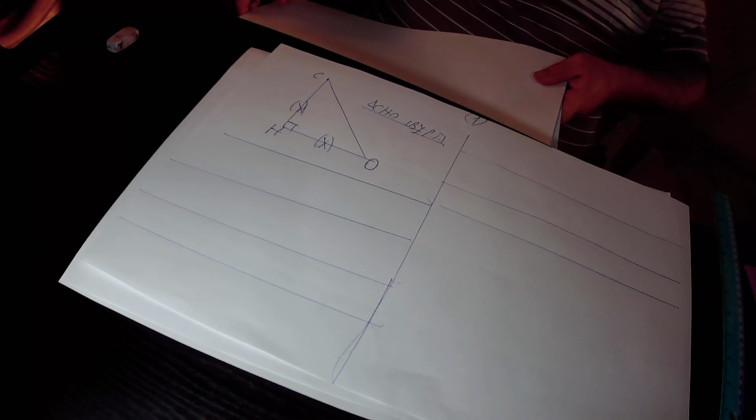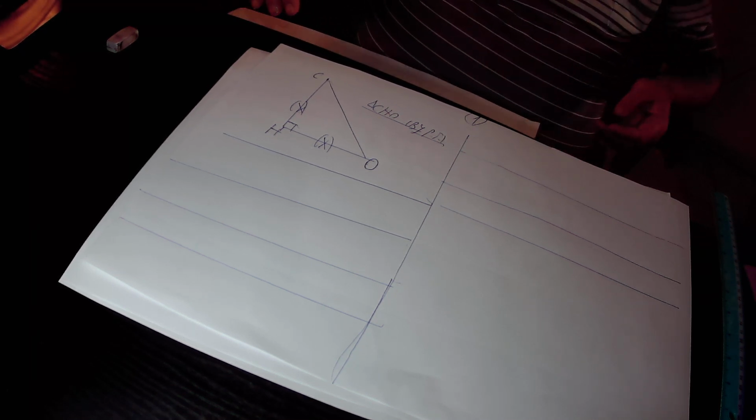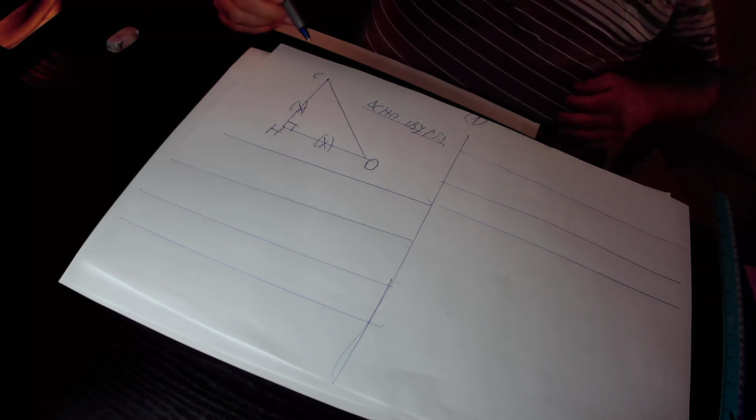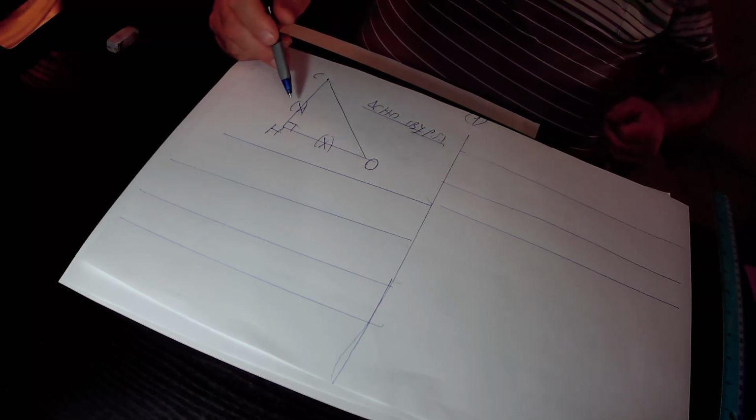According to the Pythagoras theorem, in this right triangle CHO, CO square, that is the square of the hypotenuse, equals to CH square plus HO square.